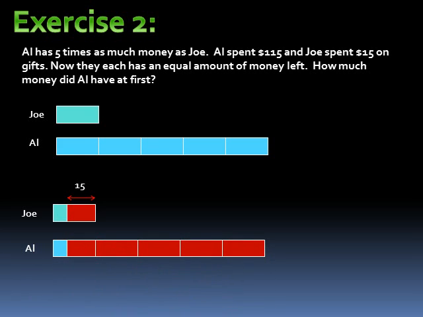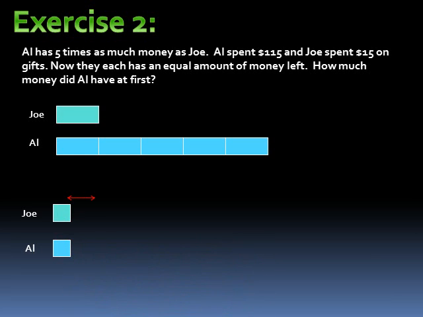So for Al, you need to draw red all the way until you only have a blue left over, just like Joe's, so that it looks like they have the same amount of money. So that's 115.